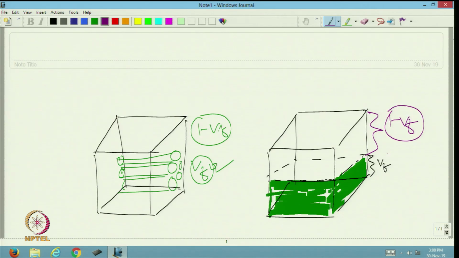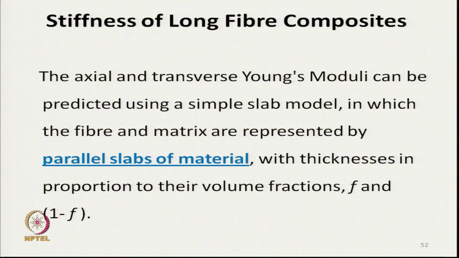So, in this model we take the volume fraction for unit cross sectional area. Here this much thickness is the fiber, and here it will be the matrix material. So, these are parallel slabs of materials.